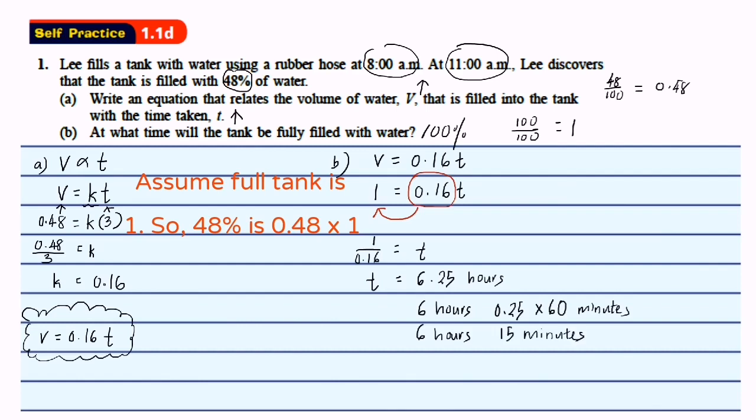Okay, now we need to find at what time the tank will be fully filled with water. So it started to fill with water at 8 o'clock. If I write in the 24-hour system, 0800 plus 0615, then I will obtain, here is 15 and here is 14.